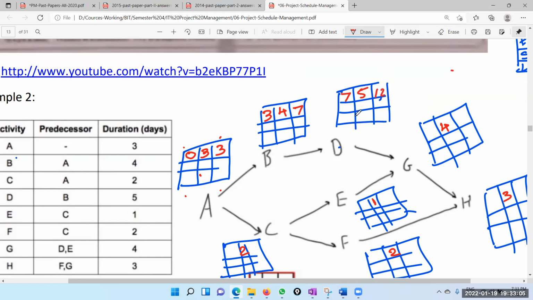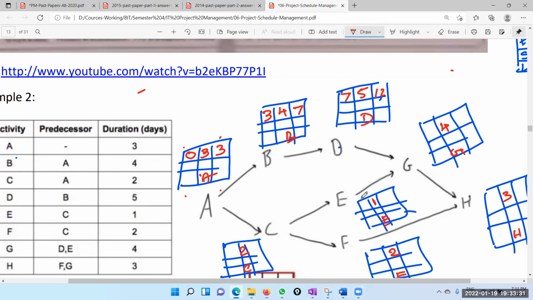I'm just using the label here. Label is here anyway. A, B, D, G, E, C, F, and H.